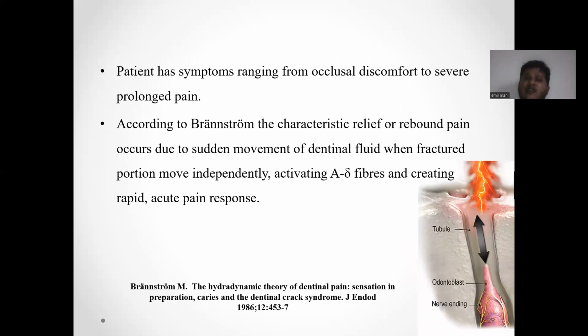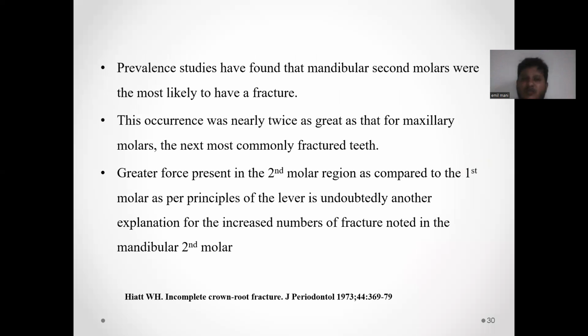Patients have symptoms ranging from occlusal discomfort to severe prolonged pain. According to Brannstrom, the characteristic release or rebound pain occurs due to sudden movement of dentinal fluid when the fractured portions move independently, activating A-delta fibers and creating a rapid acute pain response. Prevalence studies have found that mandibular second molars were the most likely to have a fracture.